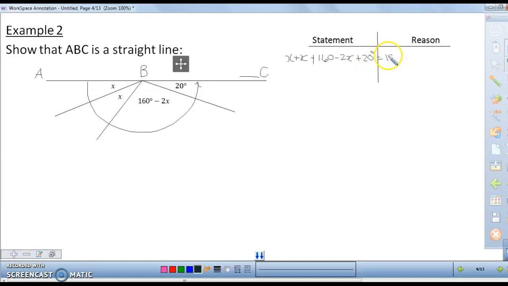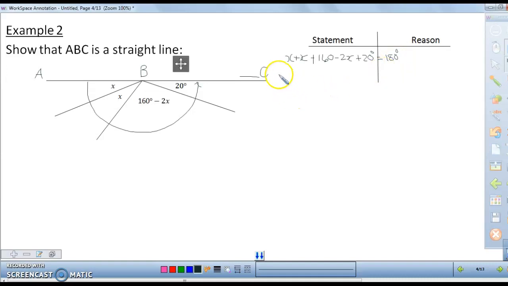I'm running a bit out of space here. And the reason why they must add up to 180 is because that's a straight angle or a straight line.